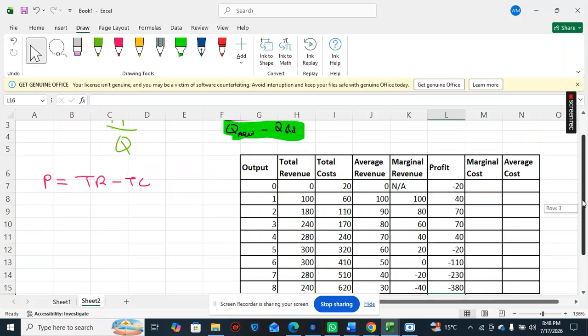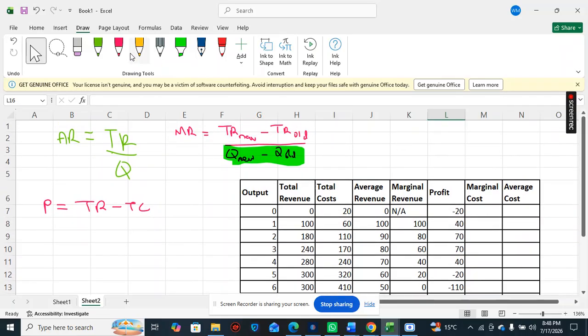Okay, next is our marginal cost. Marginal cost is the change in total cost over the change in output: TC new minus TC old over Q new minus Q old.